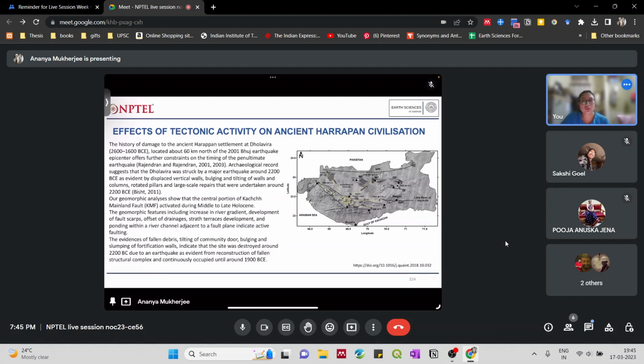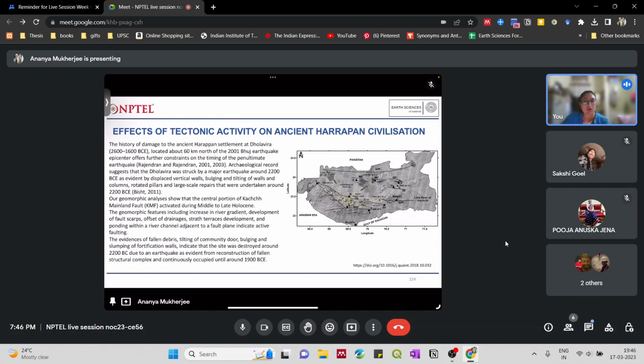Around 2600 to 1600 BC, there was damage to the Harappan settlement at Dholavira, which is around 60 kilometers north of the epicenter of the Bhuj earthquake. This gives an idea that the earthquake which destroyed the Harappan civilization is related to such fault systems that are found in the Rann of Kutch area.